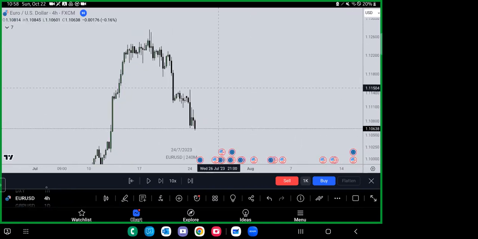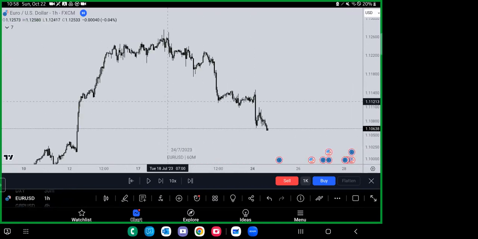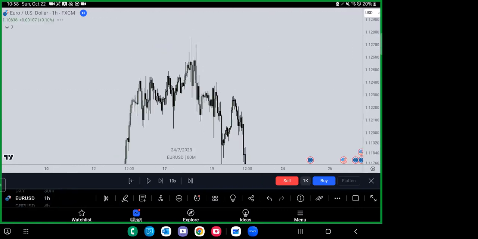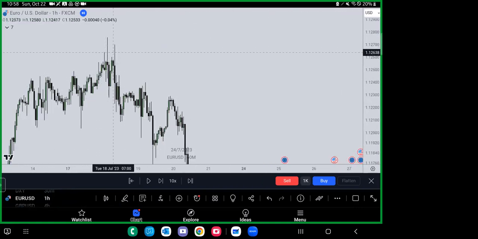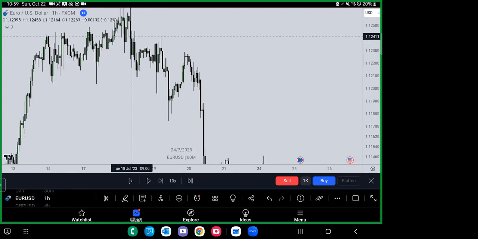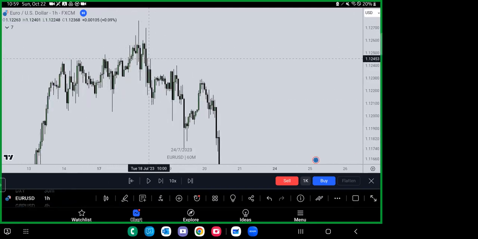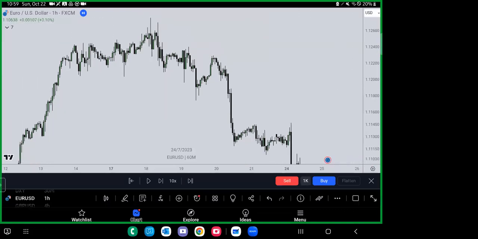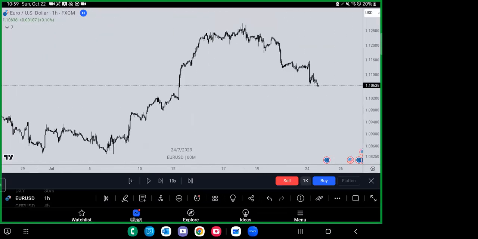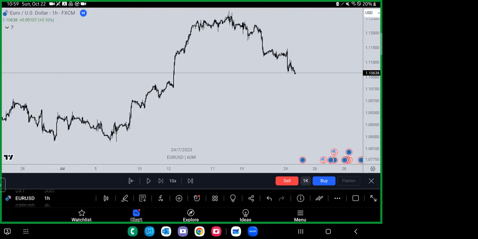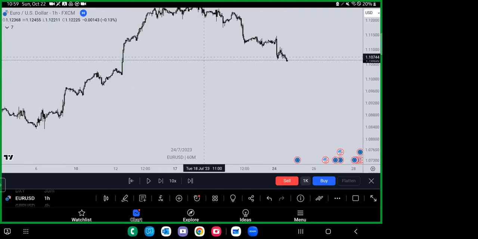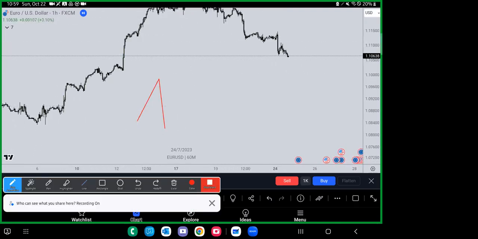Or I can even go into that 1 hour, and then I can start studying and seeing, oh, this actually does occur. I actually can see a shift in order flow. So I want you guys to do that. That's order flow. I'll type this up in the chat.